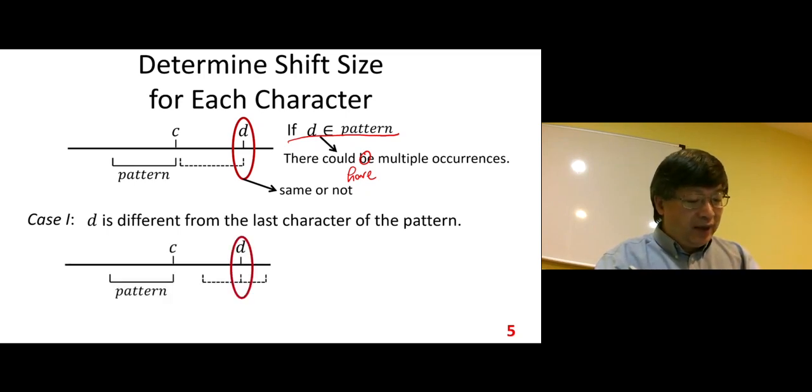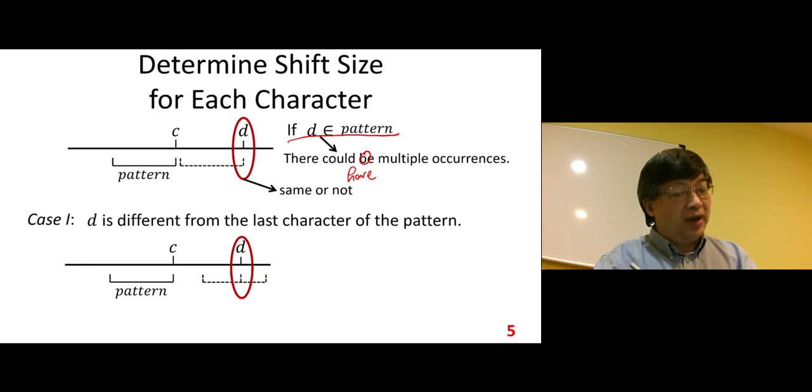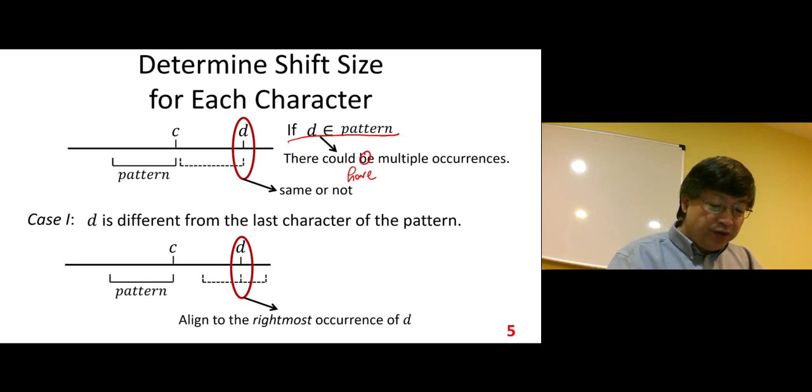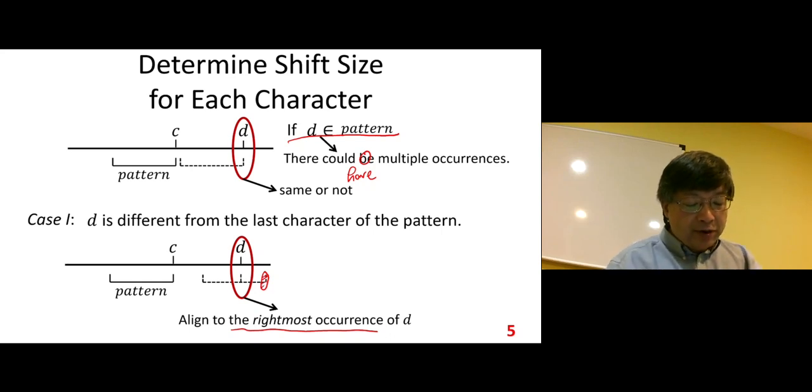So look at this situation. But when we consider the shift size, we should use the rightmost occurrence of D, other than the first one. The first one is the same, but we do not count this one. The rightmost occurrence before the first character on the right.